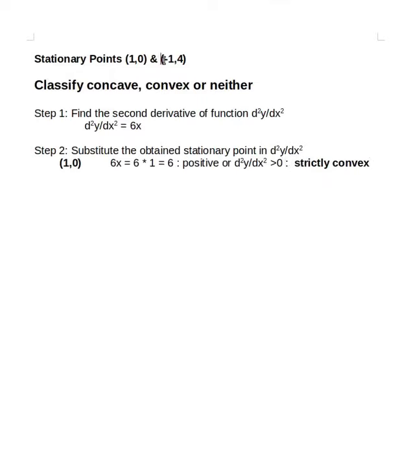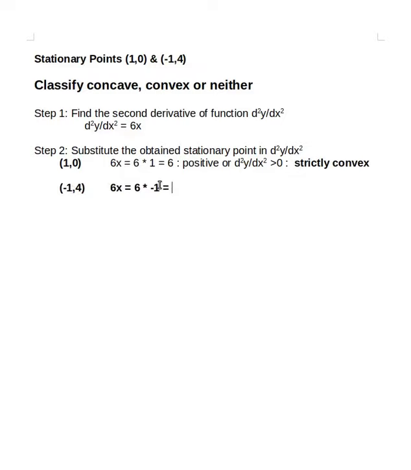And here we have another stationary point. We have to consider both of them. So in that scenario, if you put 6x, the value of this stationary point is -1, that is the x value is -1.